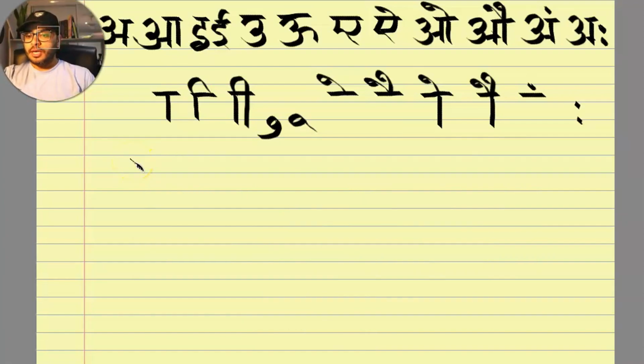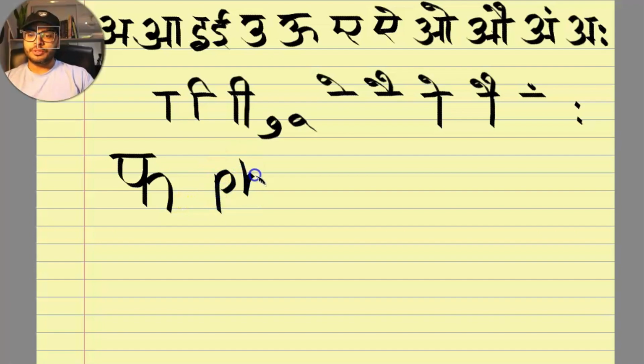The next sound is pha. The way we write it is similar to pa, and then we put an extra arc in here. This is the sound pha. The IAST for this is PHA.